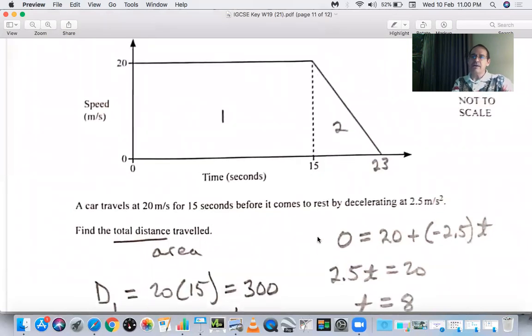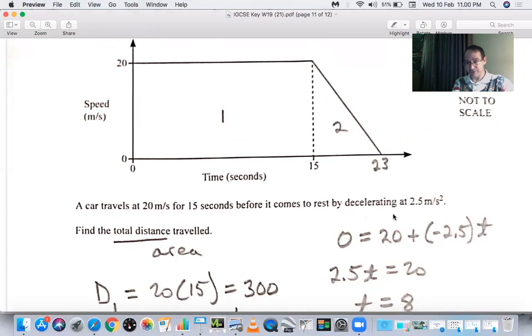So we're going to use this velocity formula where the final velocity, because it comes to a rest, is equal to our initial velocity plus acceleration times time.